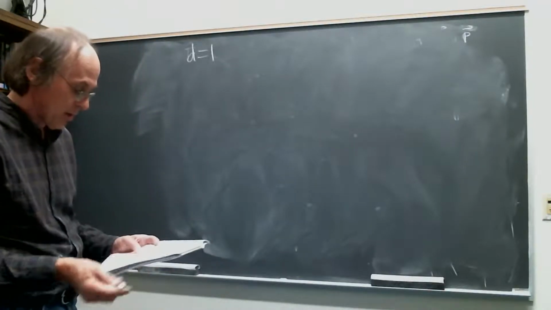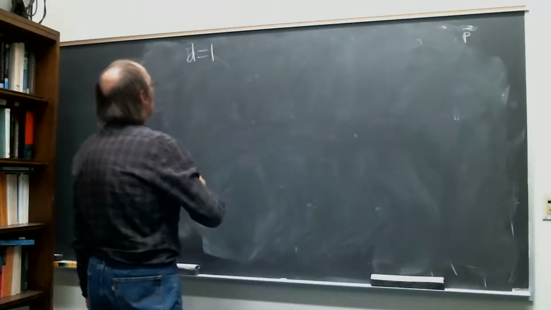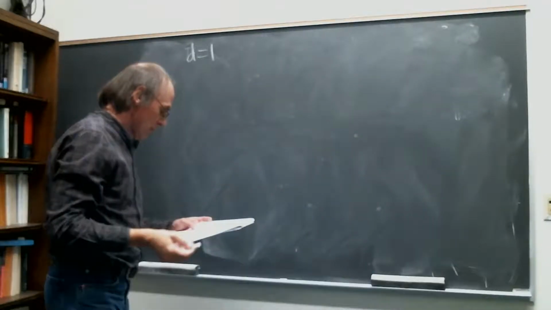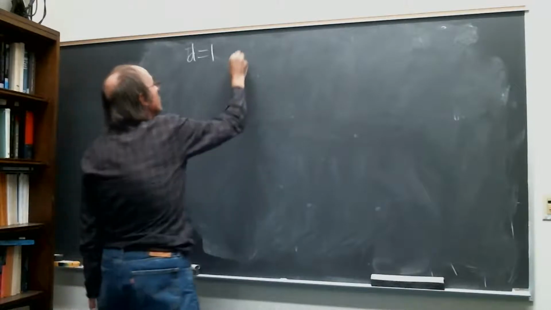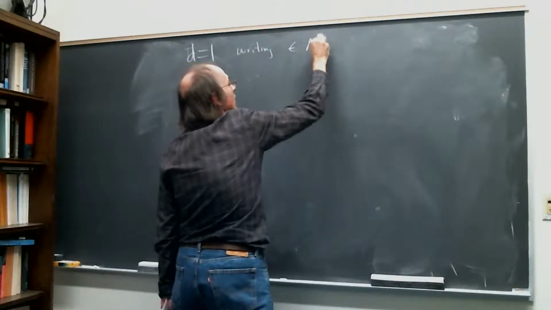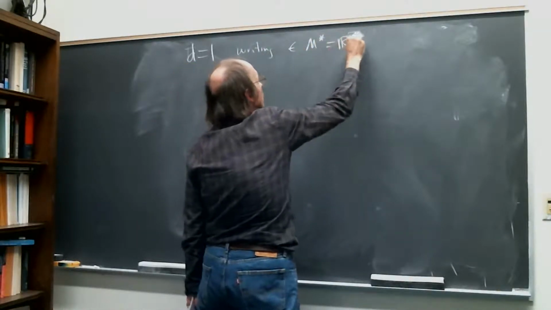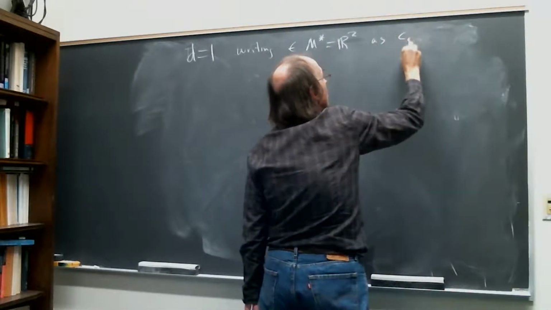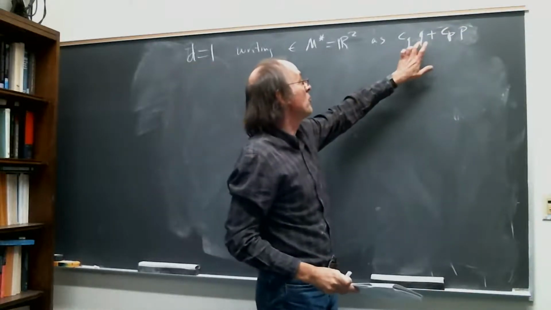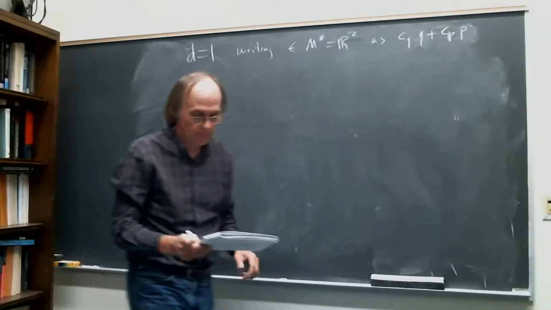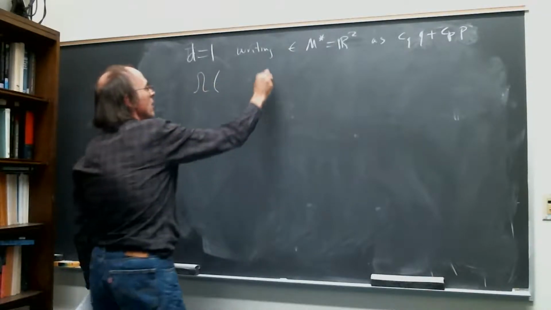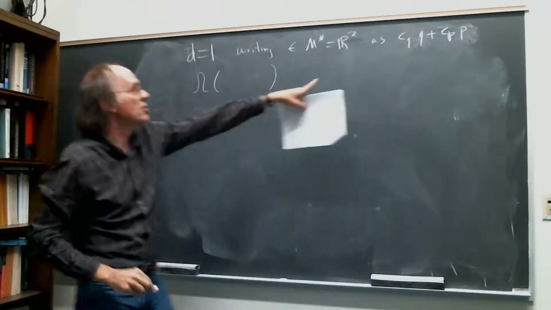And so what you want to do is, if you write elements of M equal to R2 as c_Q Q plus c_P P, so in other words, I'm just writing this out with respect to this basis of the elements Q and P, and then omega is going to be something that you feed two things like this.